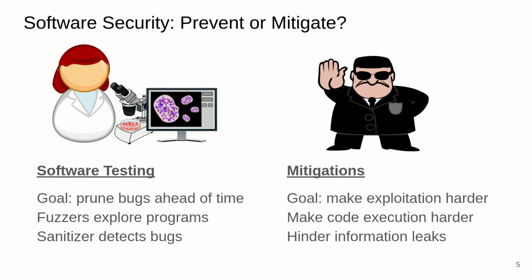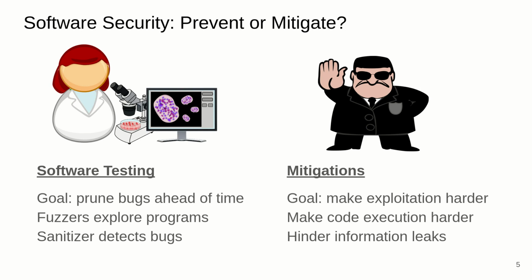On the other hand, what we looked at before are mitigations, and mitigations make exploitation harder, make getting code execution harder, or hinder information leaks. So they stop the exploitation of any remaining bugs in the code, whereas software testing tries to get rid of them ahead of time.